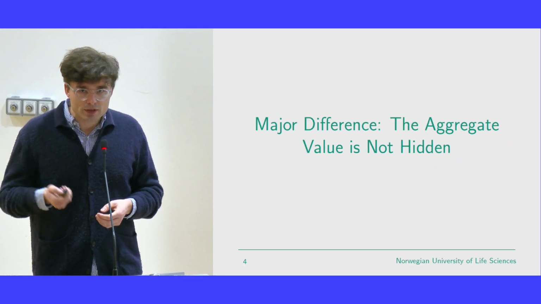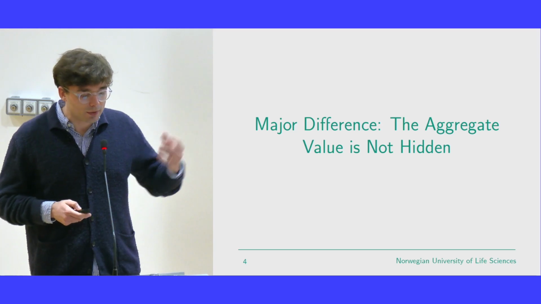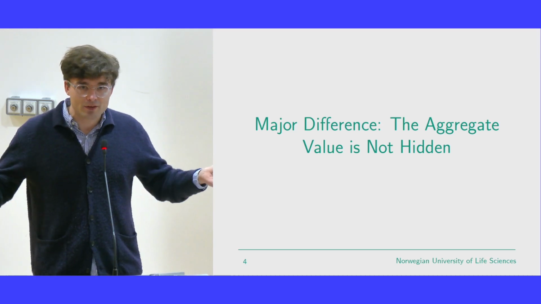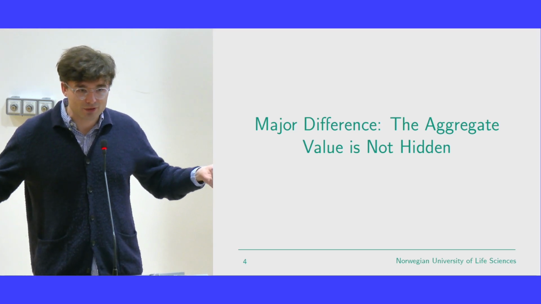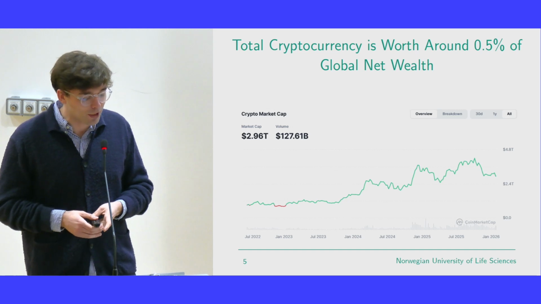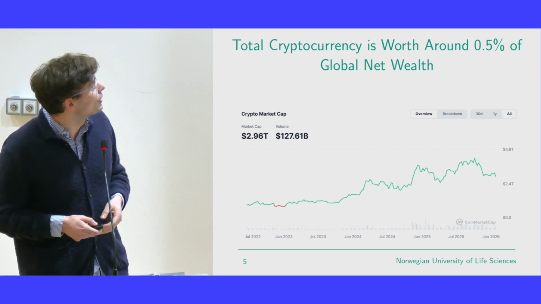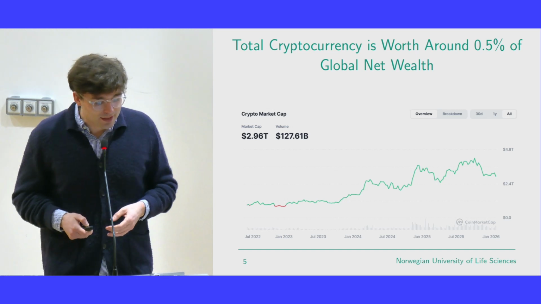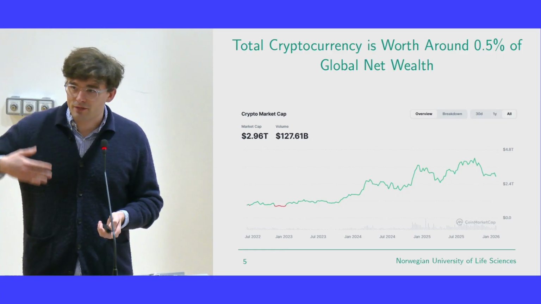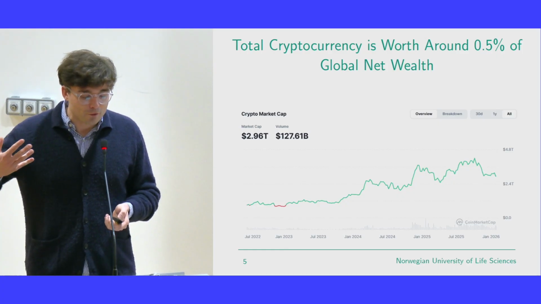But there's a major difference, which is that the aggregate value of cryptocurrency is not hidden. You can go into CoinMarketCap and look it up. It's quite easy to find. And you will see here that cryptocurrency is a very volatile asset.